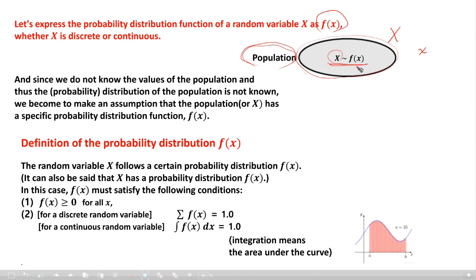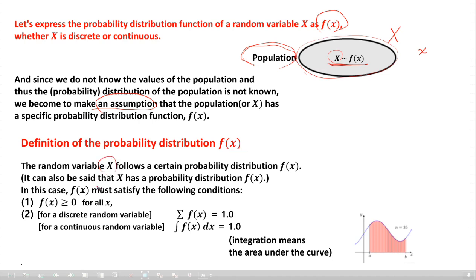So we have to make an assumption that population or X has some specific probability distribution function f of x. F of x is not known. Understand it?